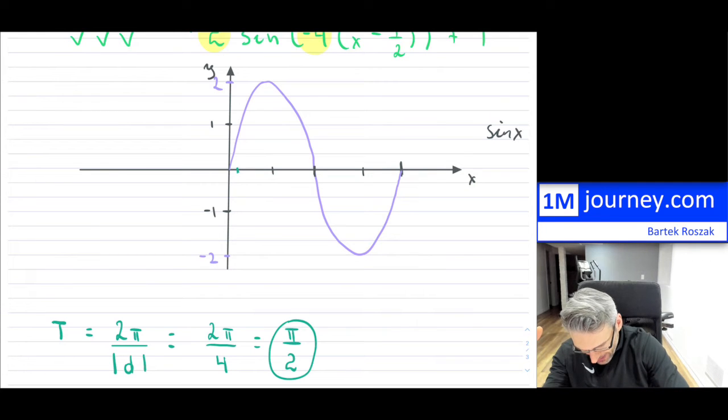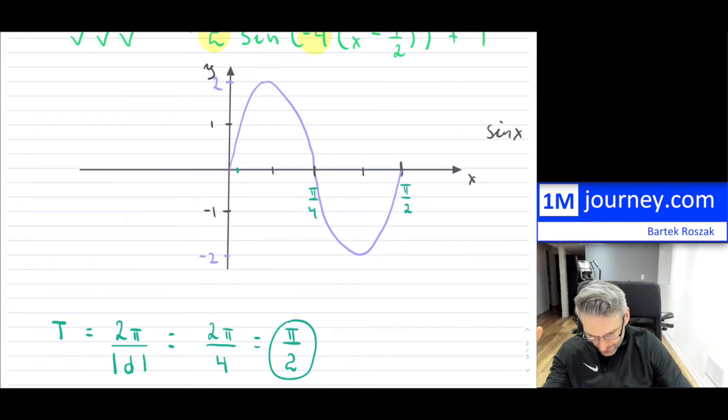Let me do that. That's not what I wanted there. So what I'm really going to do is say this is actually pi over 2, right? So half of that is pi over 4.